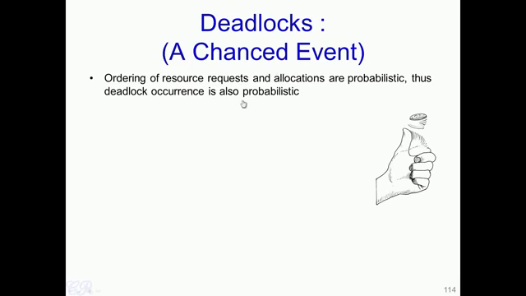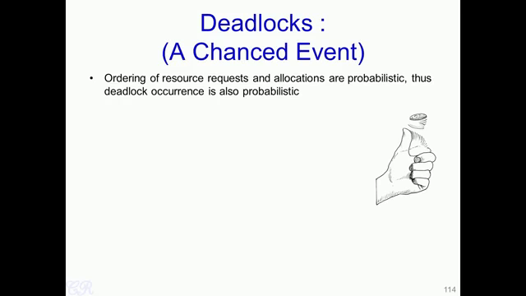Only if a certain order of these requests and allocations happens will a deadlock occur. A small variation in the requests and allocations may cause the deadlock to not occur. So, let us see some examples of this.